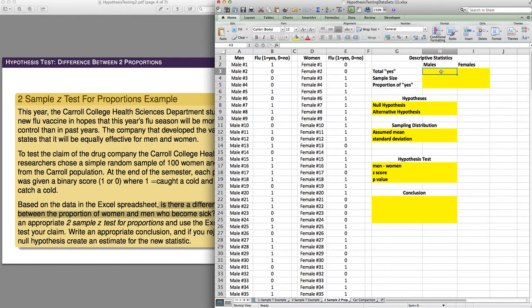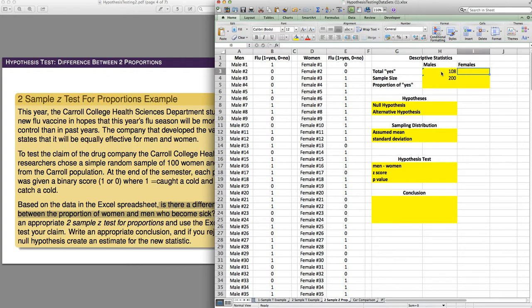Since this is 1 and 0, to figure out the total number of people who actually got sick, we can just sum up all the 1s. We get 108 total out of the 200 men. I can count all the numerical values in B, and there are 200 men there.